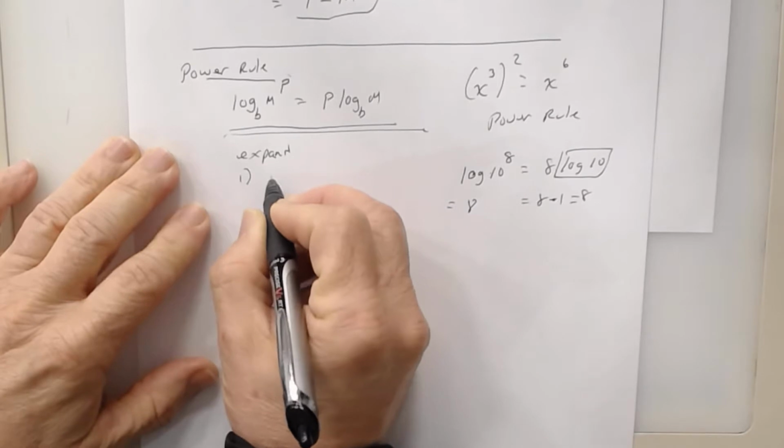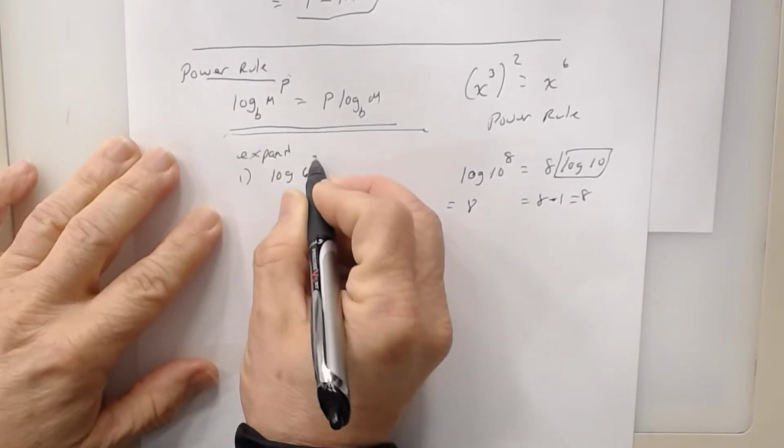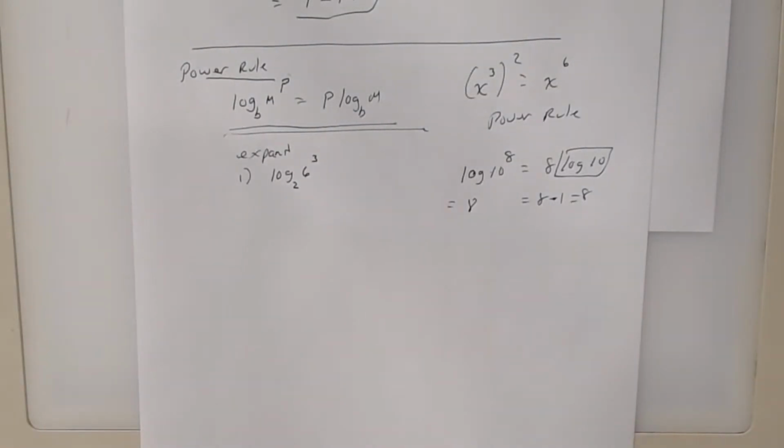Number 1, suppose I had the log of 6 to the 3rd power base 2. I'm going to expand it. There's only one thing you can do to expand it, in other words, rewrite it in a different way. Move that exponent 3 and put it out in front as a product.